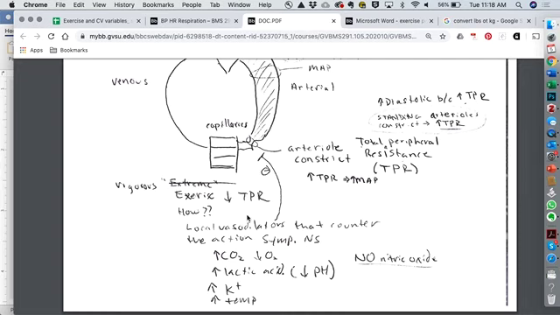So CO2, an increase in CO2, drop in oxygen, lactic acid, or a drop in pH. Potassium, which is one of the things that happens when neurons and muscles fire, potassium leaves the cells, and accumulation of potassium ends up adding to that as well. So that is part of the reason that you see those types of effects.